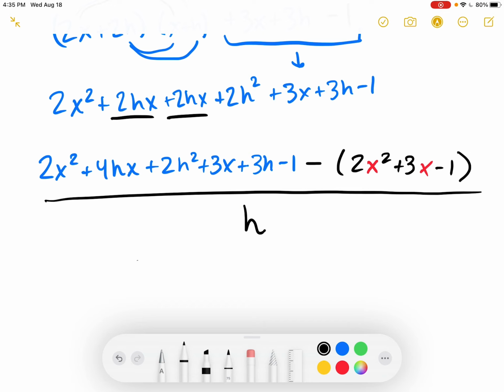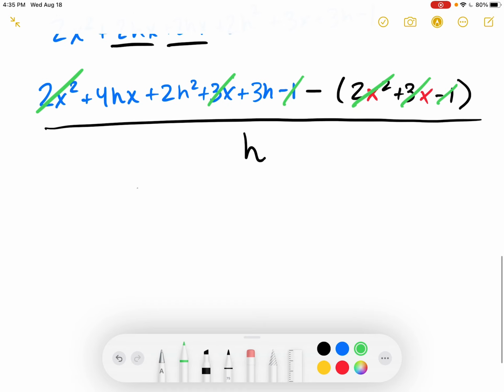Now all we got to do is cancel, see what cancels out, and then simplify. So 2x squared minus 2x squared gives me 0, so we can cancel these out. Now 3x minus 3x gives me 0, so this cancels this out. And then negative 1 minus negative 1, when you subtract negative 1, is the same as adding 1. So negative 1 plus 1 is 0, so these cancel each other out.